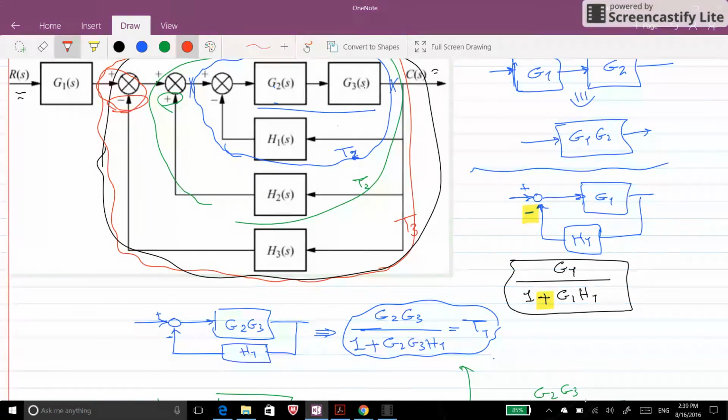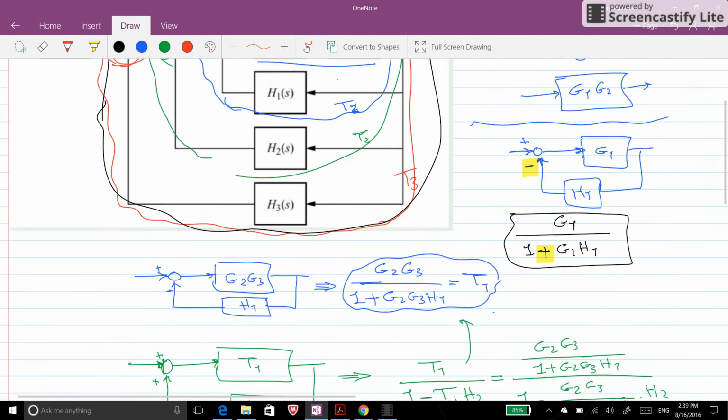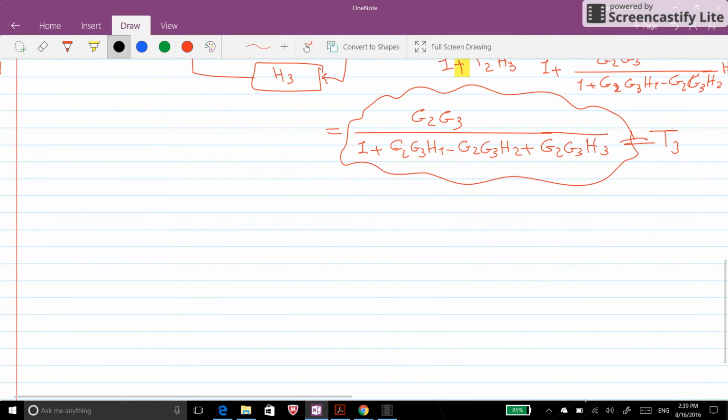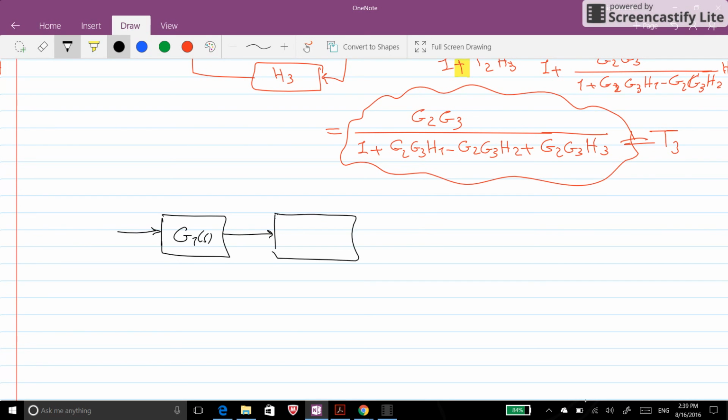The resulting T3, which is here, is in series with G1. So this is our overall function blocks. We have G1 here, and then T3 here. The input is R, the output is C. So T, which is equal to output over input, C over R, will be equal to T3 times G1.